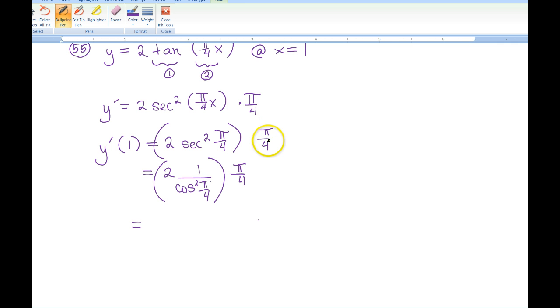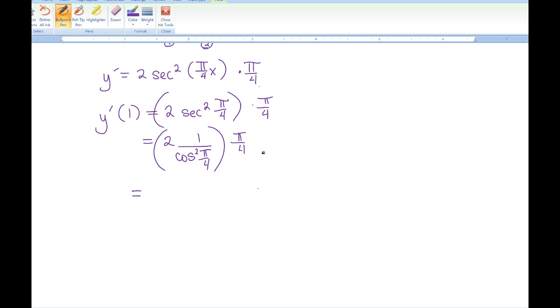Secant is the reciprocal of cosine, so I just interpreted that as cosine squared. We just said cosine was square root of 2 over 2, or 1 over root 2, so when we square that... Actually, I'm going to write pi over 2 out in front.